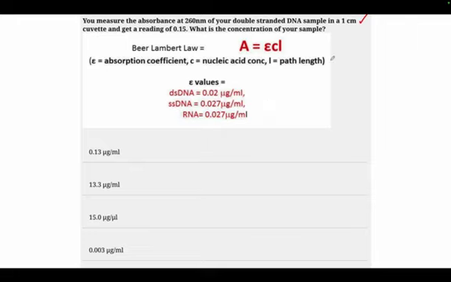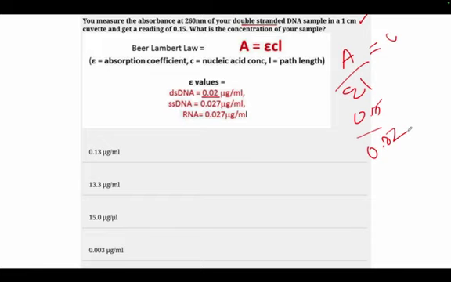So A is epsilon times c times l. So A divided by epsilon times l will give us c, right? So we need to check what our sample is: double stranded DNA. For double stranded DNA, we have an epsilon value of 0.02, so 0.15 divided by 0.02 will give us the concentration of our DNA.